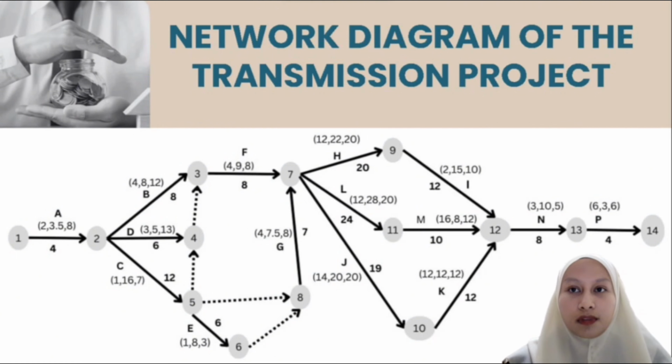So a clear and concise overview of the project tasks, milestones and activities is provided to managers, allowing them to understand the project's structure and make good preparation. Network diagrams are made up of two main components, which is nodes. Nodes represent events or activities within the project. They are the fundamental units that describe the work to be done.